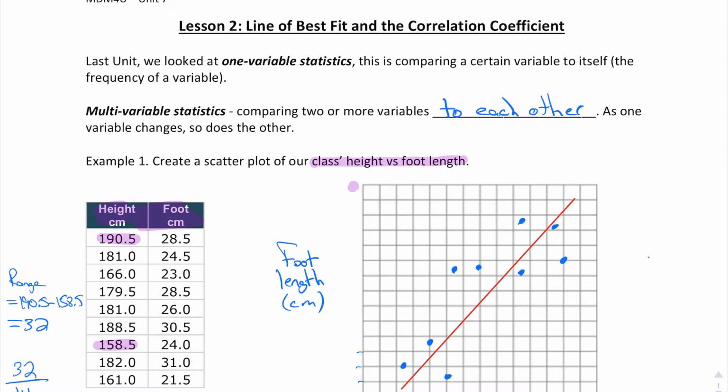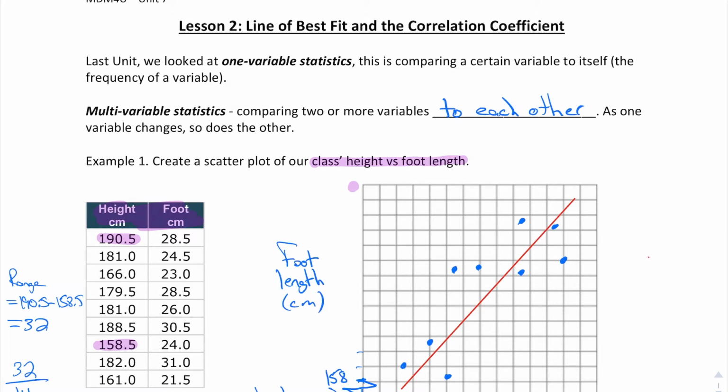Generally, if you round it up, that's going to make it a bit easier so you can fit all your data in. Notice our lowest point is 158, so there's really no point in starting at 0. What I do is put in a break like this. We've seen this before, but that's a break in my graph, so it doesn't start at 0. If it starts at 158.5, I'm going to start this one at 158.